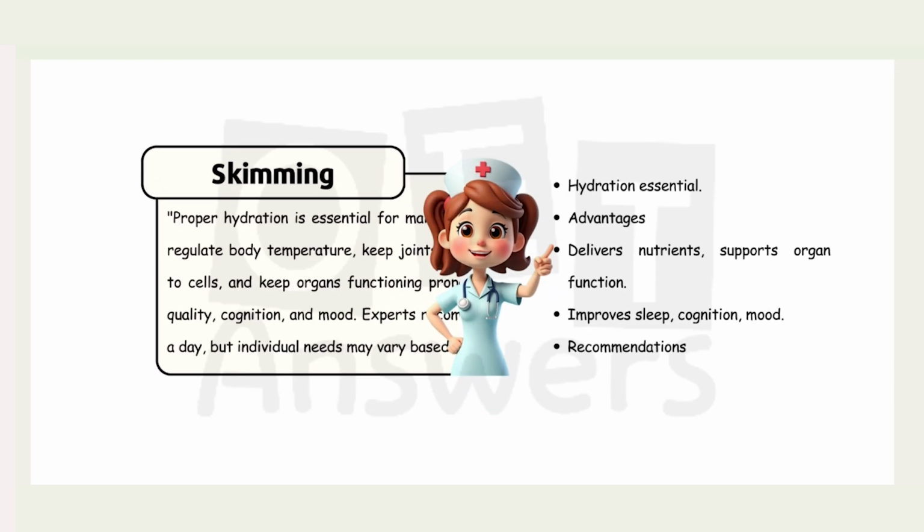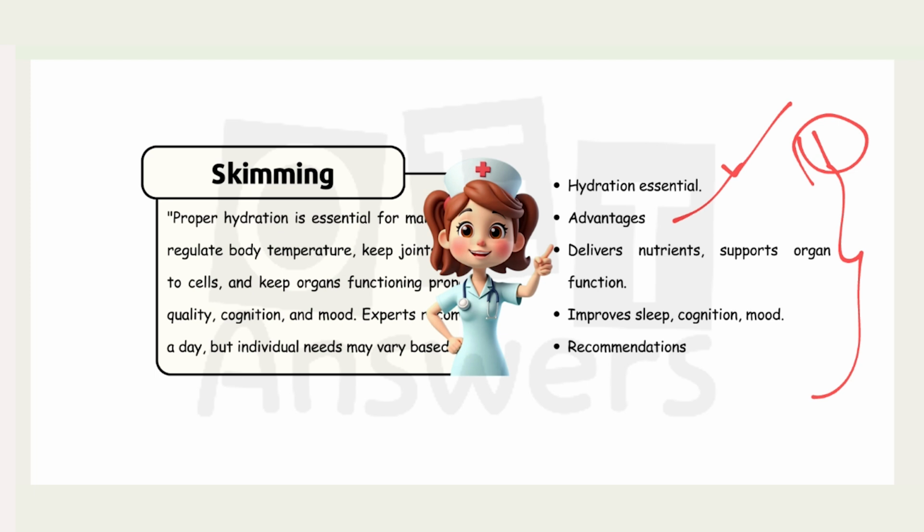Now we can see the skimming, right? The skimming we have already done. So what are the main points we have taken? Hydration is essential, which comes in the first sentence. Advantages, which supply nutrition to the body and provide lubrication and moisture, everything they have given, right? That comes under advantages.